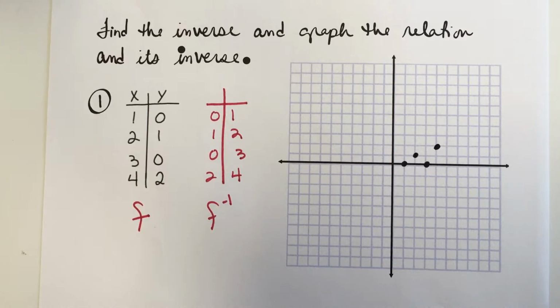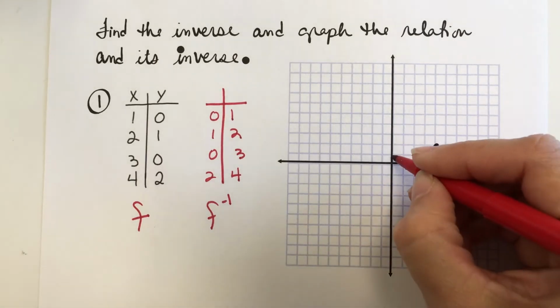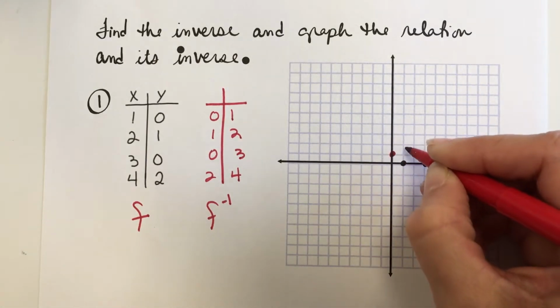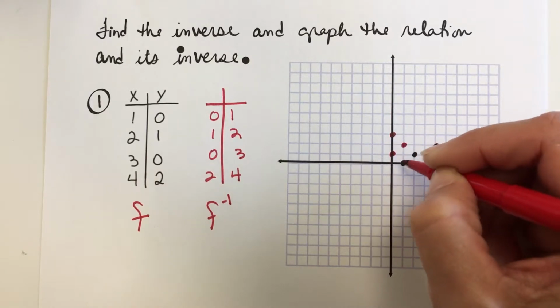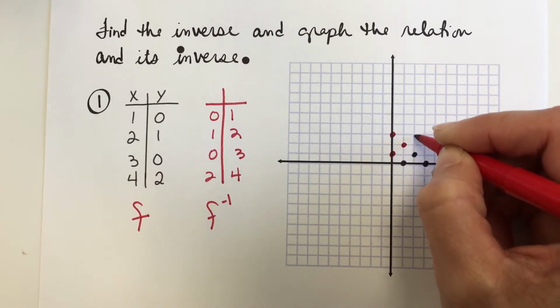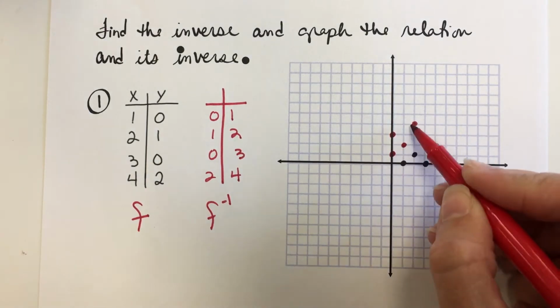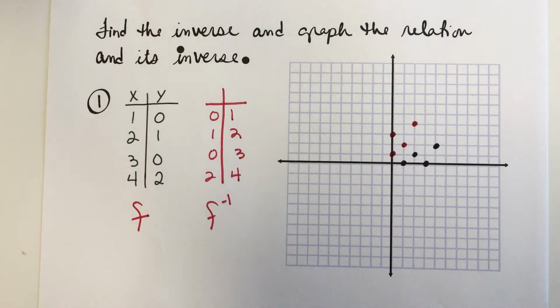We don't actually include the points in between by connecting them. So then the inverse, if you plot these points, then these 4 points would represent your inverse. I mean, it's just that simple. If you know those ordered pairs, that's simply all that you have to do, is just switch them, okay?